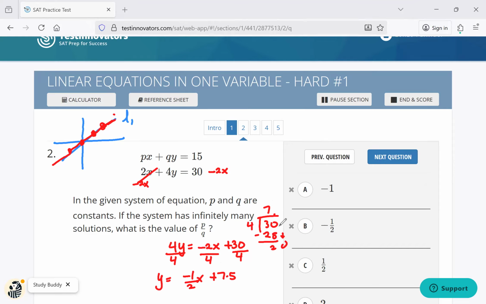Bring down the 0, so that would be 7.5. Okay. Now, how will we do this one? Wait, so if you look at this, what is my slope? My slope is negative 1 half, and my b is 7.5.